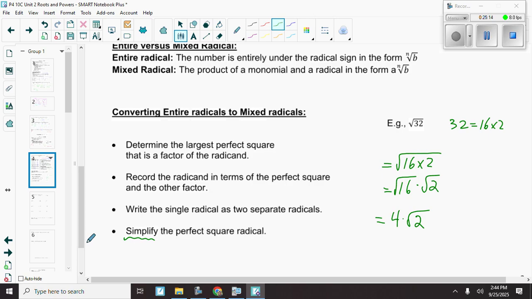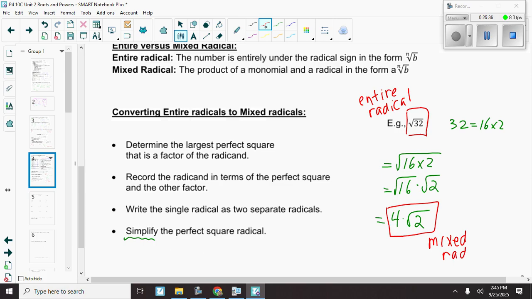So this is just simplifying. The thing that we started with is called an entire radical. What we end up with is called a mixed radical. An entire radical means everything's under the radical sign, and a mixed one means there's a coefficient and a radical, a little bit of both.